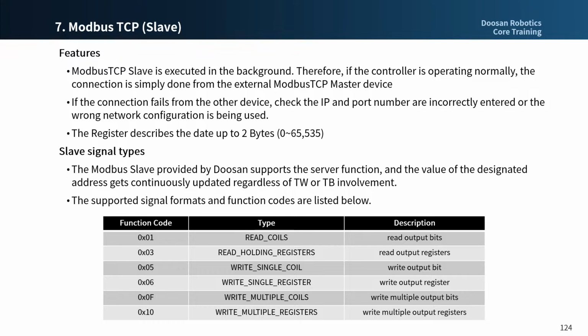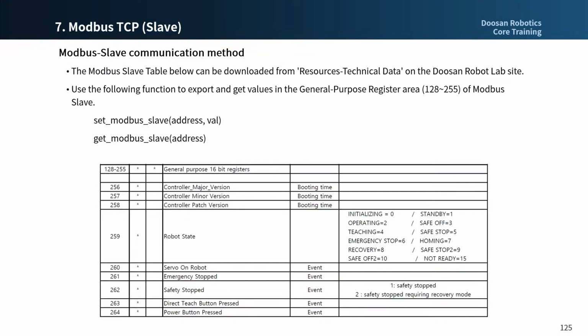In Slave, you can exclude code 02 and 04 from the function code used as the existing master function. And the Modbus Slave table in the image can be downloaded from the Doosan Robotics website.